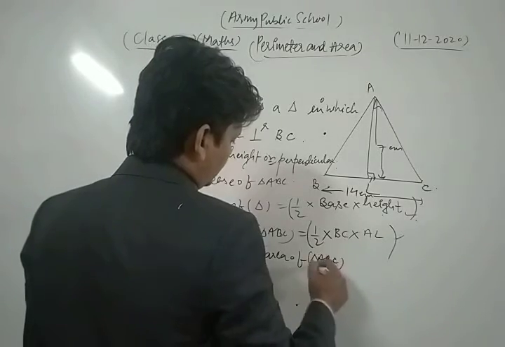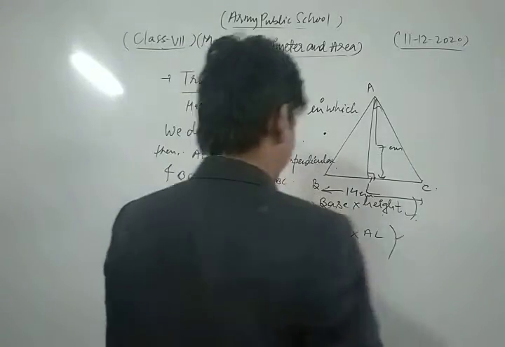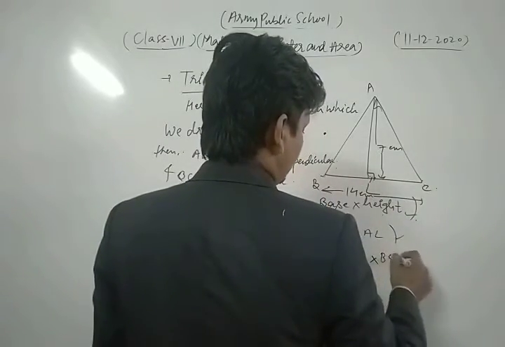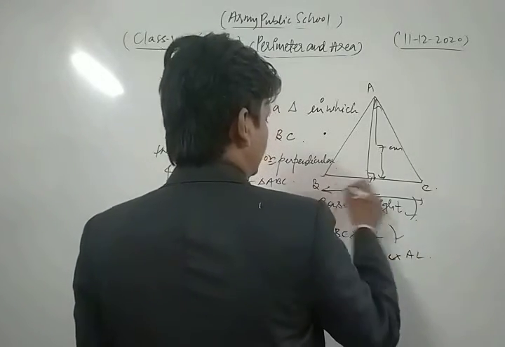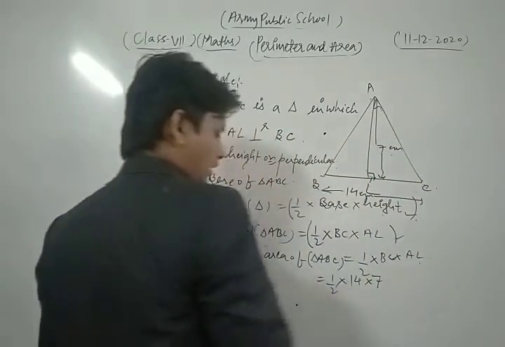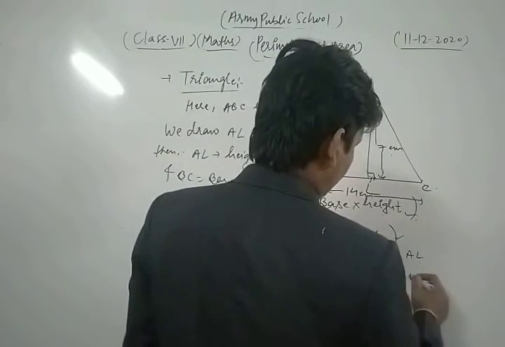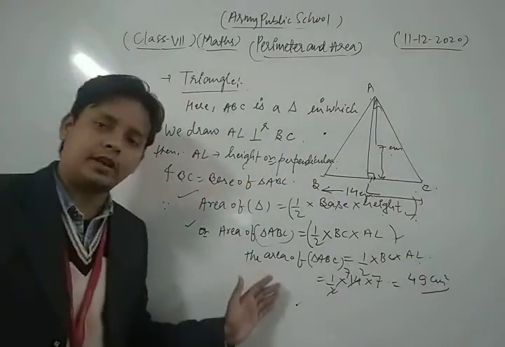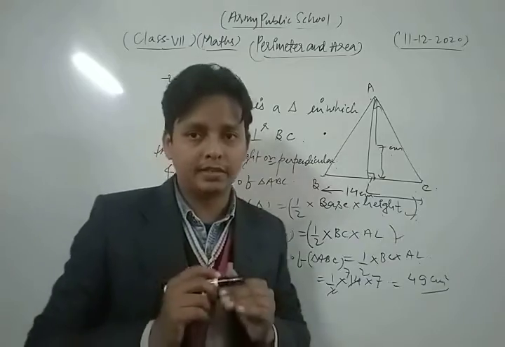The area of triangle ABC is 1 upon 2 into base BC into altitude AL, that is 1 upon 2 into 14 into 7. Okay, dear students, now 2 7s are 14, means 7 7s are 49 centimeter square. Thus, in this way you apply the formula for the area of triangle ABC, which is 1 upon 2 base into height.